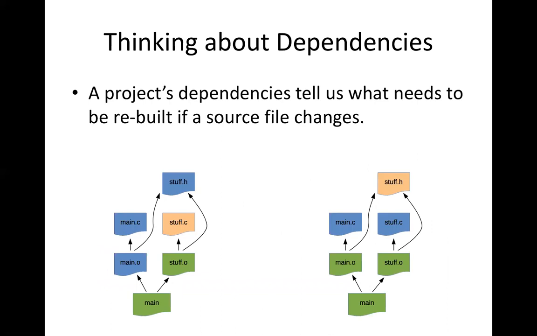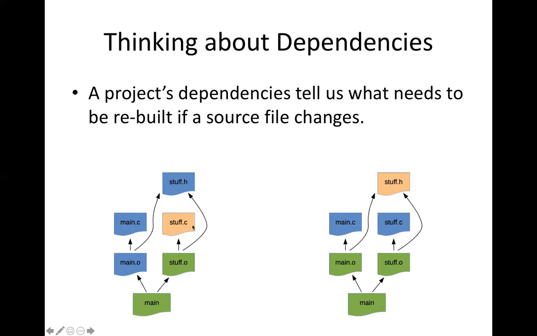It's the same set of code we were just talking about, and this tries to show the dependencies between the parts of the project and what parts need to get rebuilt if a particular file changes. So we've got 3 source files: stuff.c, main.c, and there's a header file, stuff.h, that advertises what is defined in stuff.c.